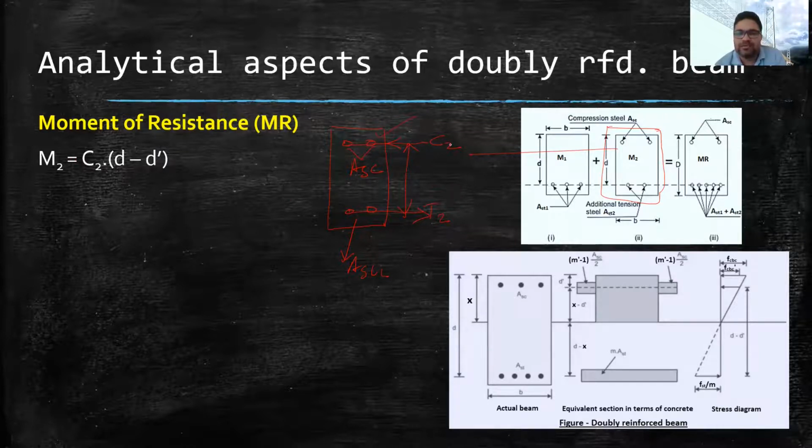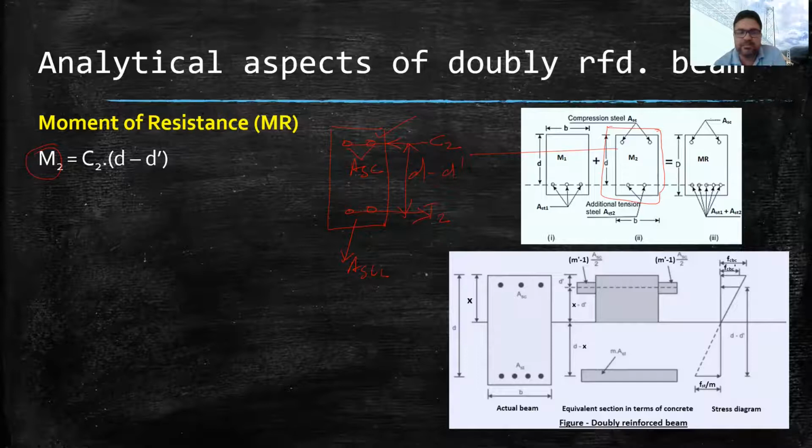So either we multiply C2 by this distance, which will be D minus D dash, or T2 multiplied by D minus D dash, we can get the value of M2. The same concept we have used in case of singly reinforced moment of resistance.